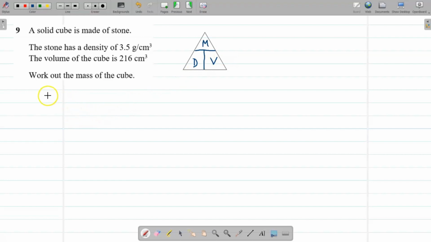So we quite simply do that. We've got 3.5 multiplied by 216. Because that's in centimeters cubed and so is that, we can give the mass in grams, and that comes to 756 grams exactly. And that's the answer.